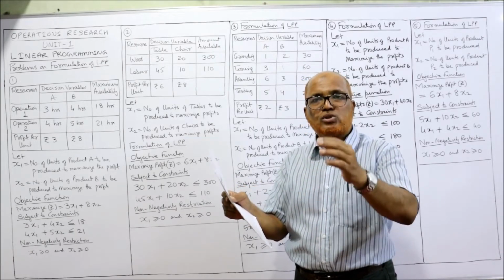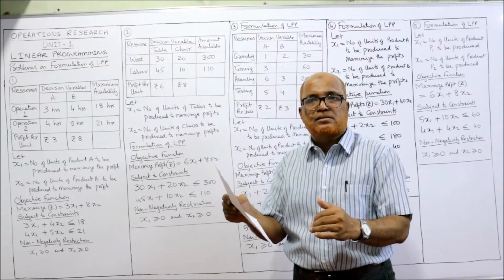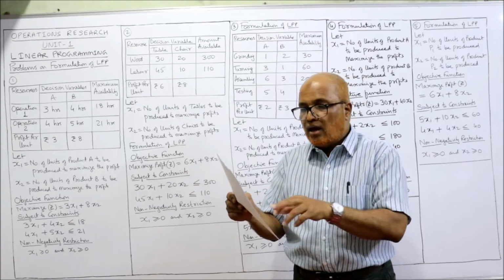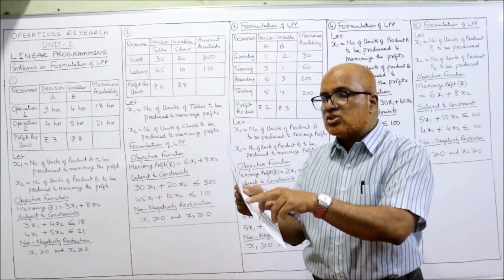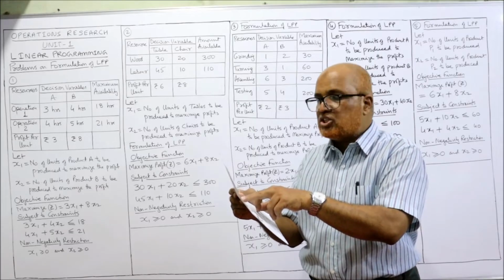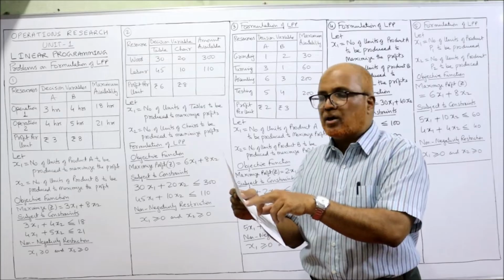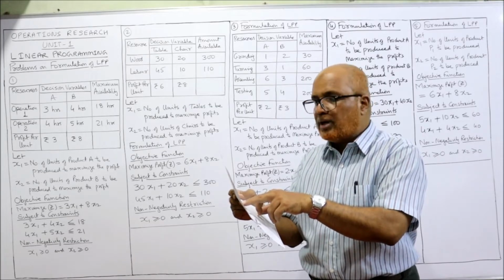So labor time can be used either 110 or less. Wood can be used either 300 or less. But we don't have more than this. And how much is required? 30 square feet to make one table and 20 square feet to make one chair. Right? Similarly, labor hours are 45 hours to make one table and 10 hours to make one chair.